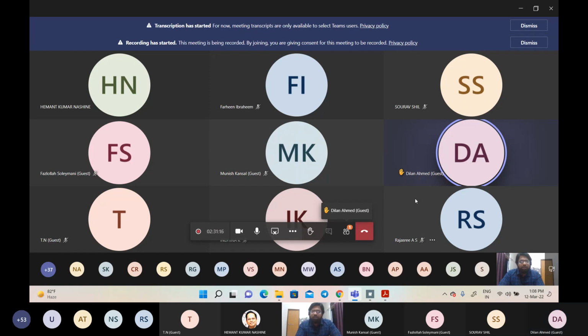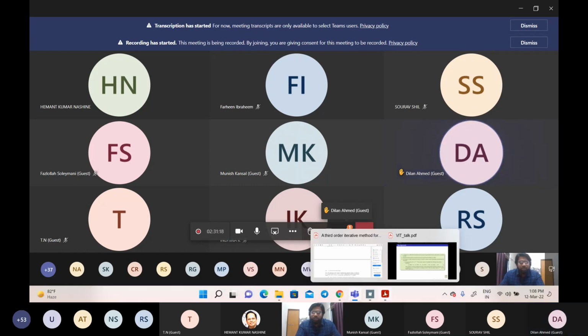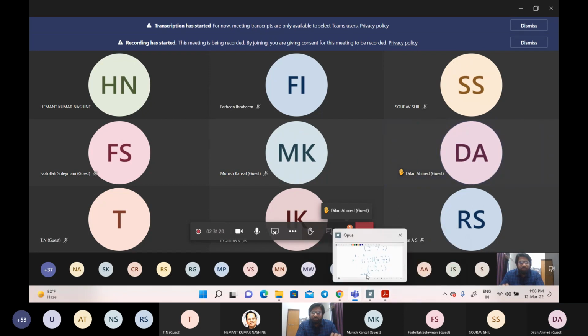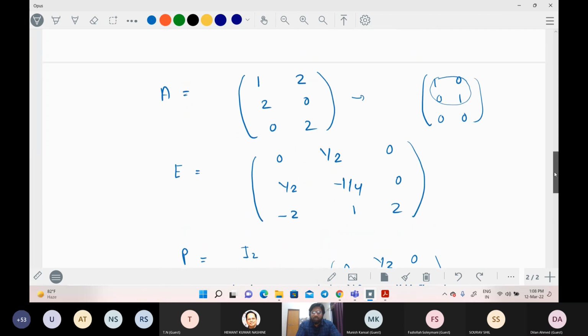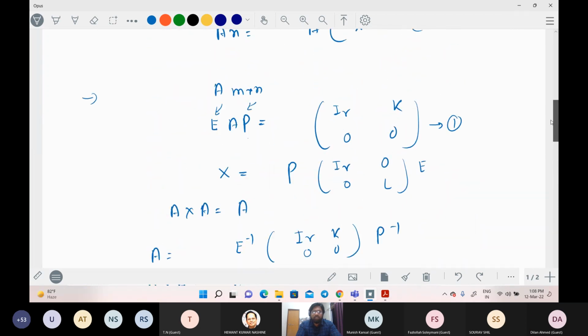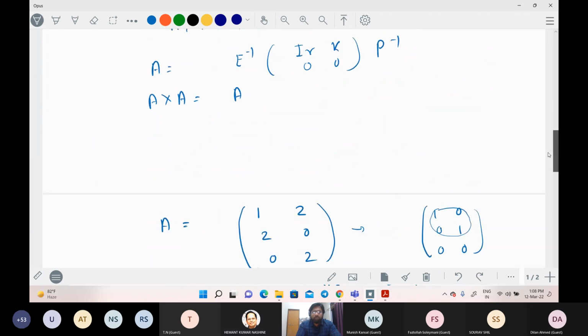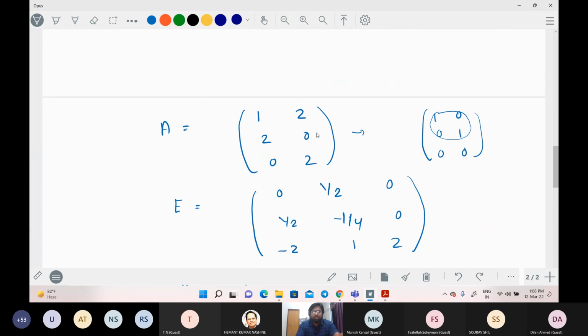No, I didn't use singular value decomposition. Let me show you with the example. You have this matrix and you are converting it into normal form, by applying elementary row operations.